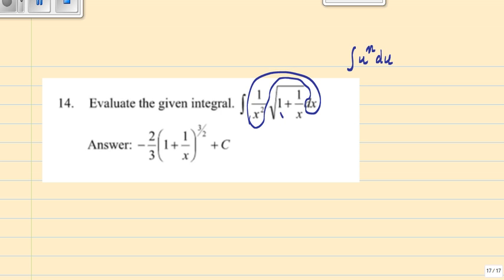If u is equal to 1 plus 1 over x, which is the same thing as 1 plus x to the negative 1, then the differential is going to be equal to minus 1 over x squared dx, because this is nothing different than minus 1 times x to the negative 2.